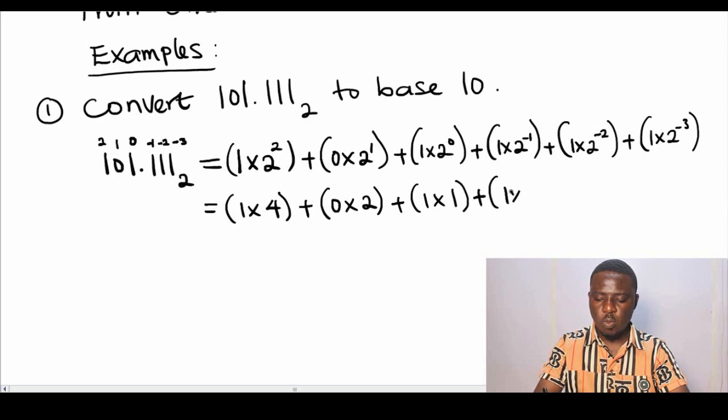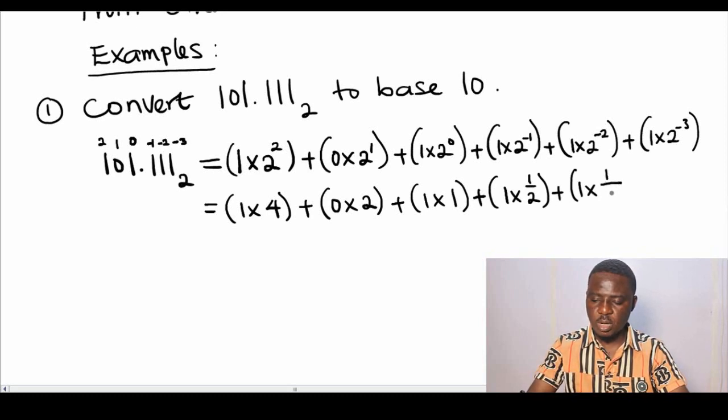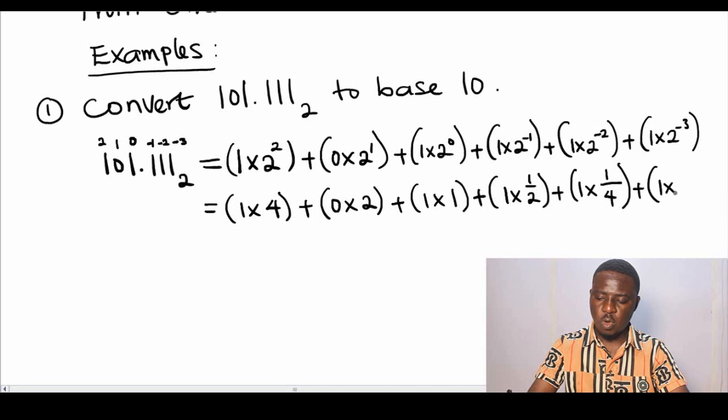Plus 1 times 2 to power minus 1, which is half, plus 1 times 2 to power minus 2, which is 1 over 2 raised to power 2, and 2 raised to power 2 is 4, plus 1 times 2 to power minus 3, which is 1 over 2 raised to power 3, and 2 raised to power 3 is 8.